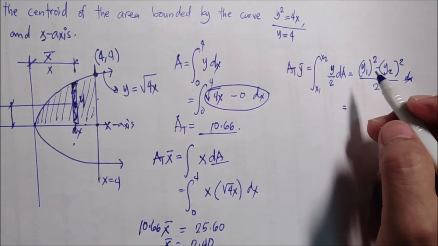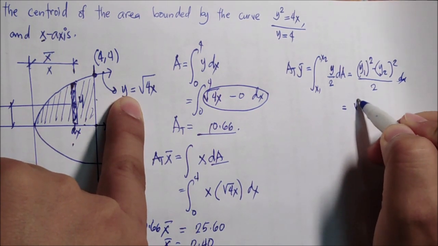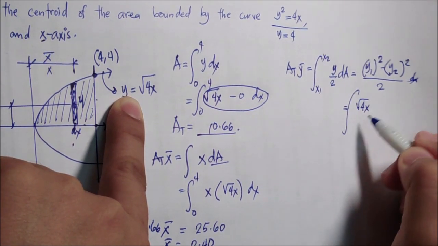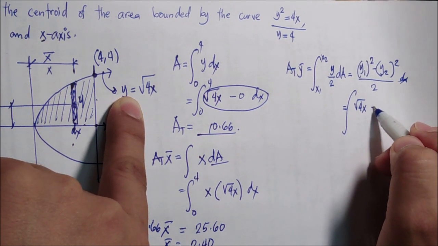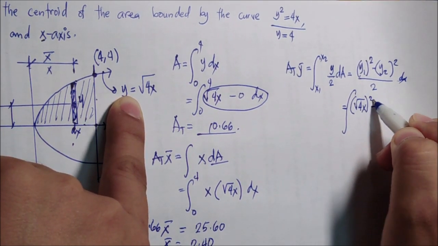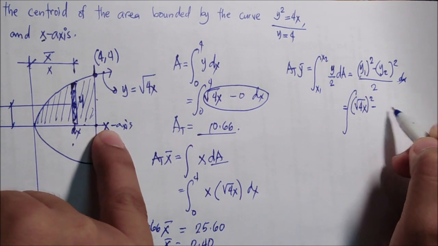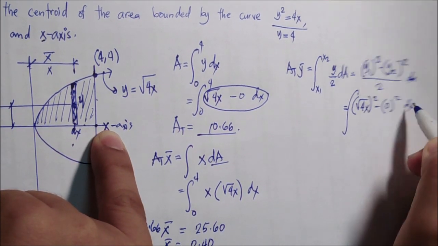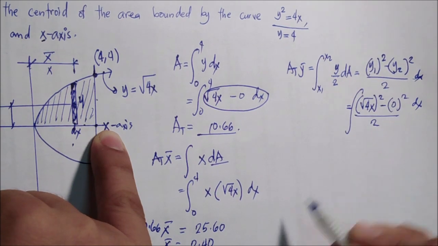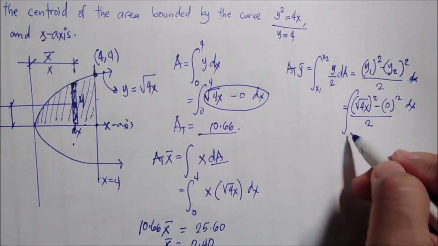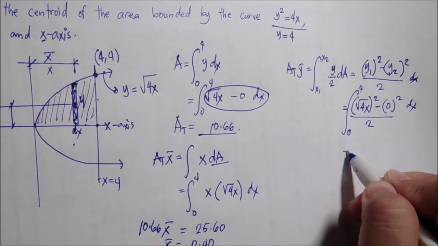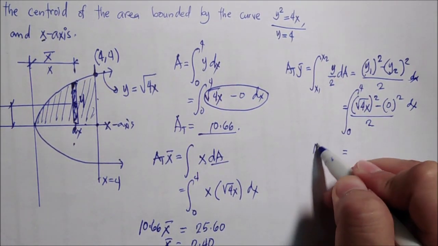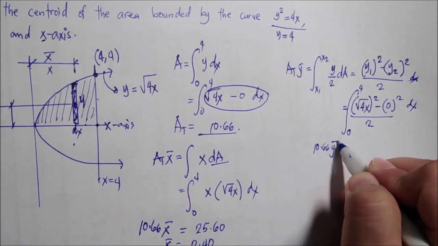The y of the curve is the square root of 4x, squared, minus the y of the x-axis, which is 0. dx divided by 2, and your limit is from 0 to 4. The area total is 10.66 times bar y.